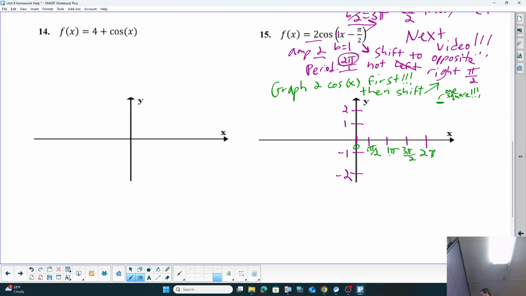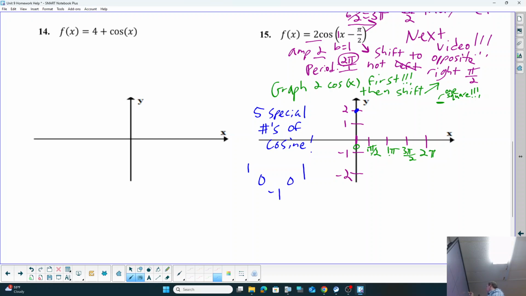Here we go. So cosine starts off high there at 2. And if you're not sure, you can remember the 5 special numbers of cosine. That's 1, 0, -1, 0, 1.